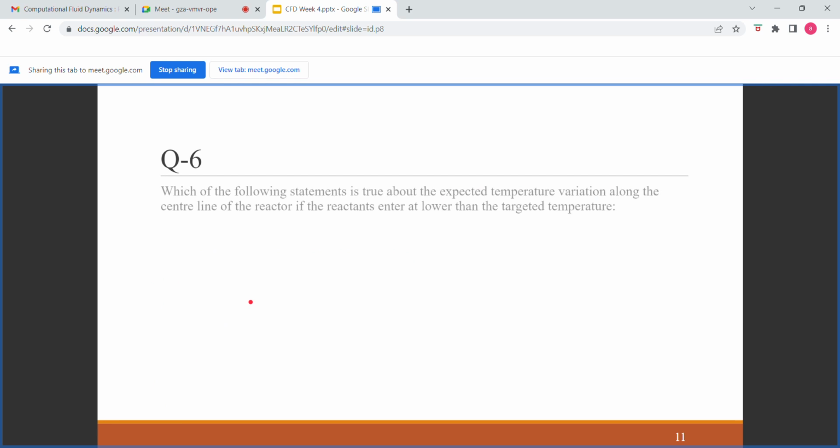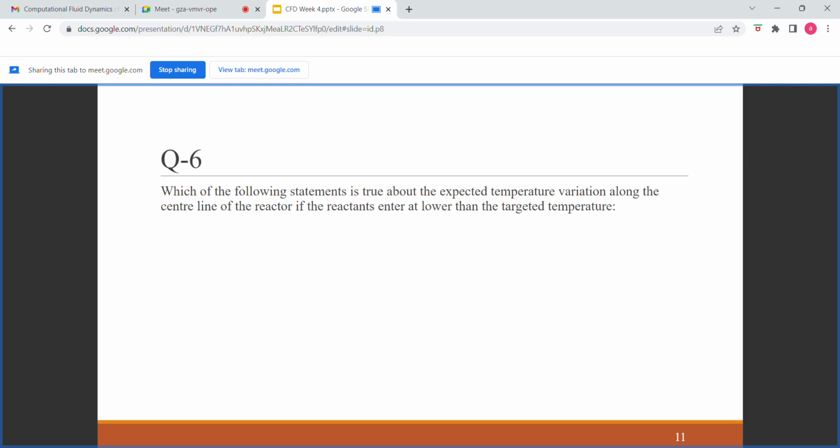So we'll move on to question 6. Which of the following statements is true about the expected temperature variation along the center line of the reactor if the reactants enter at lower than the targeted temperature? The question clearly specified that it is an exothermic reaction and the temperature should be maintained along the targeted temperature.